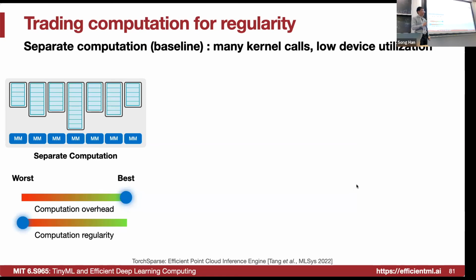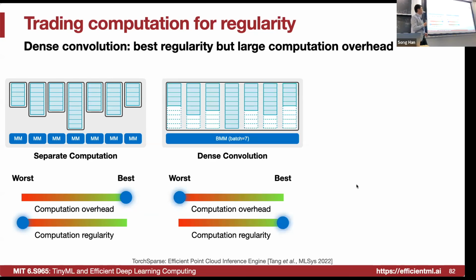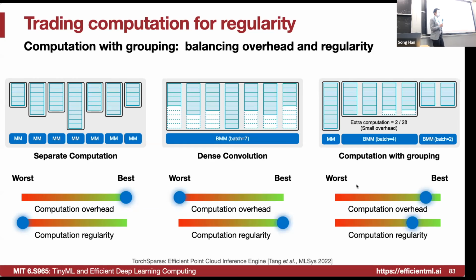So this is one extreme, having separate computation for different matrix multiplications. The computation overhead is the best, you have no overhead, but the computation irregularity is the worst. Another extreme is batching everything to the largest workload among these kernels. But this has a lot of computation overhead, although it has perfect regularity. So actually what we are doing is adaptive grouping, to group them together.